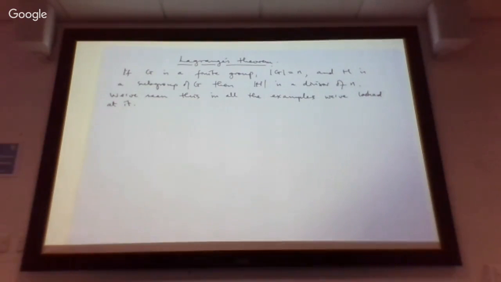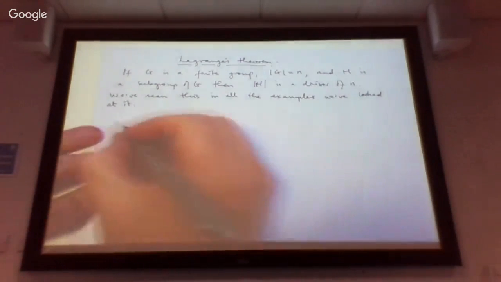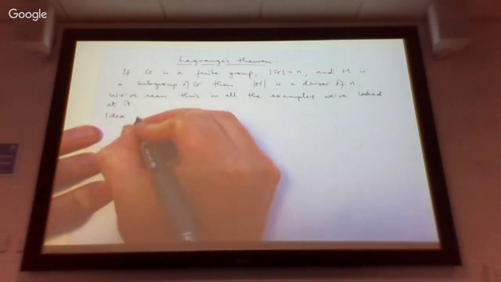Before we go through the technical details of introducing cosets and constructing the proof, any questions just about the statement of it? Everybody's clear on what it's saying? Okay. We'll give a very quick main idea of the proof.